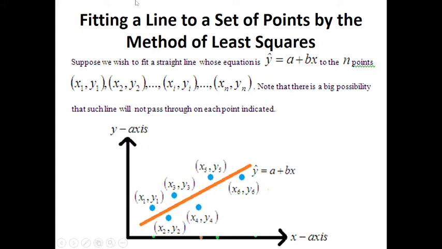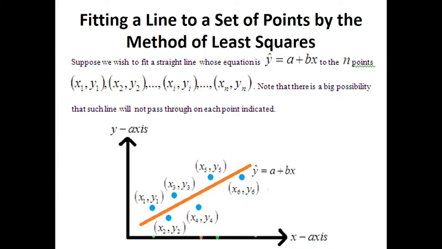So our topic is fitting a line to a set of points. We have a set of points; in this example, we have 6 points. In that case, we are to fit a line given these 6 points using the method of least squares.